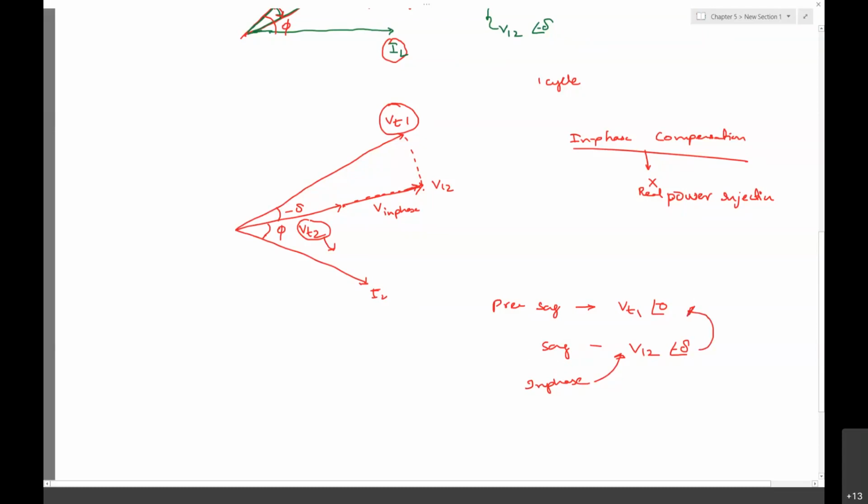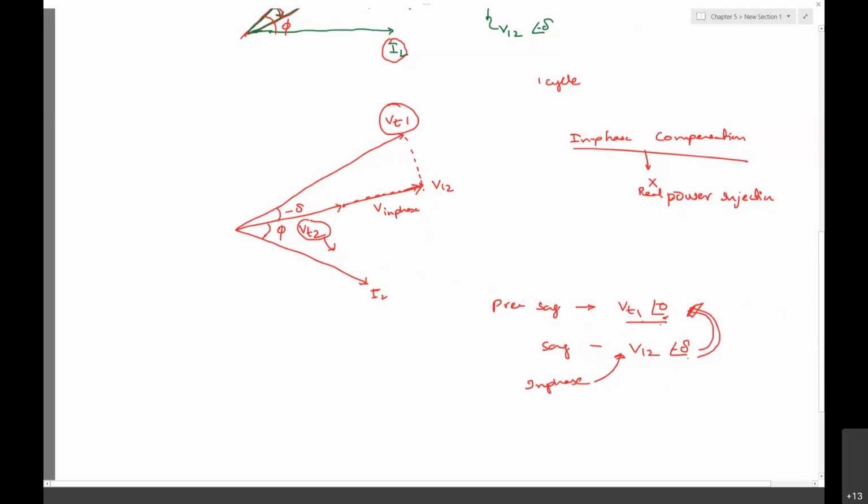In that case, the load experiences three phase shifts: first VT1 at an angle of 0 degrees, then VL2 at an angle of minus delta, and again back to VT1 at 0 once the sag is removed. That kind of problem will be there.